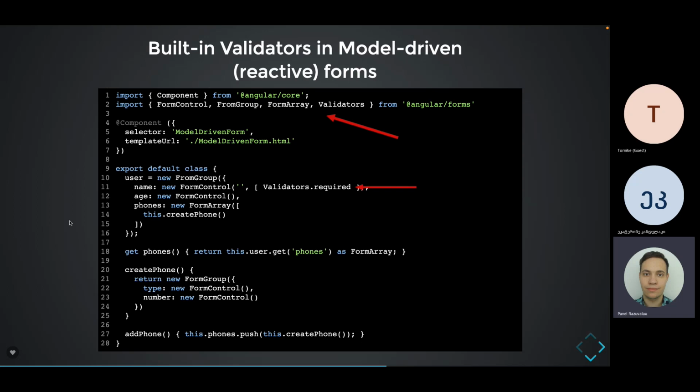So to define the validation, Angular allows us to grab some built-in validation rules that are pre-built with the framework and use them to validate the controls. So here we mark the name control as required, and we are passing all the validation rules during the creation of the form control instance.